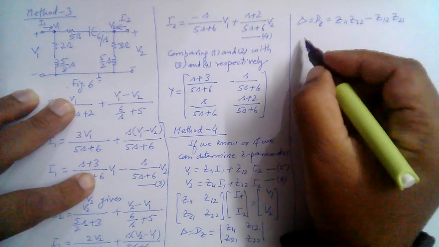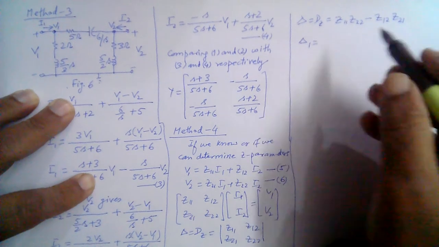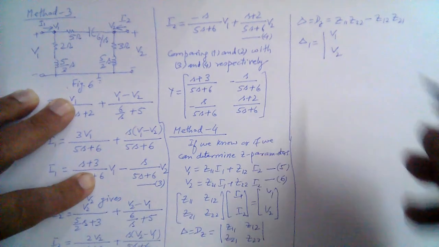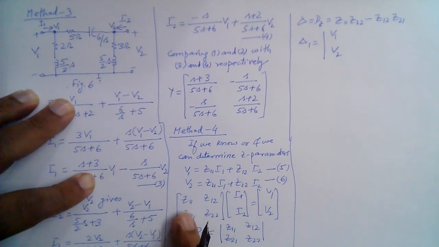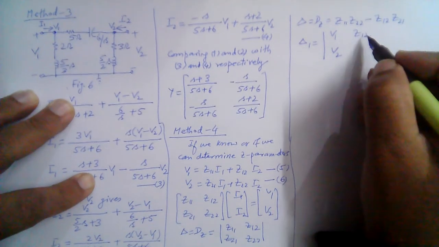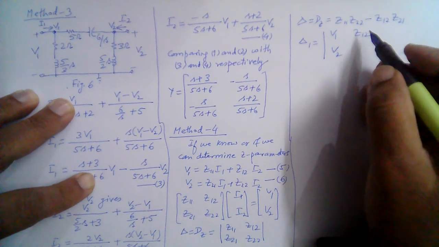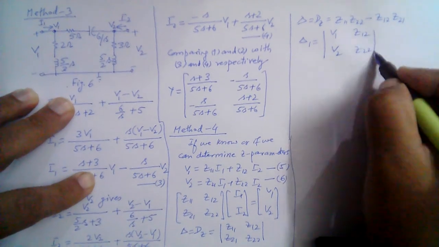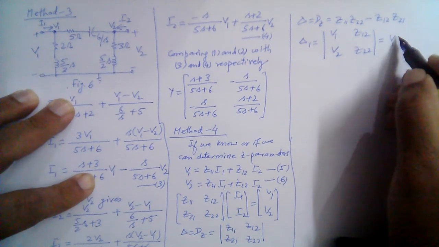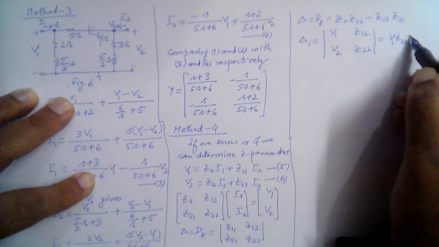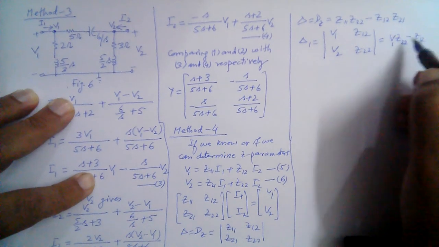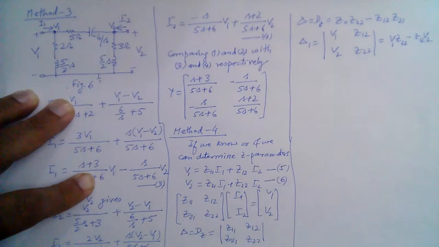And similarly, delta 1 is given by v1 and v2 in this column, and we leave the other column as is, z12 and z22. So that is equal to v1 z22 minus z12 v2.